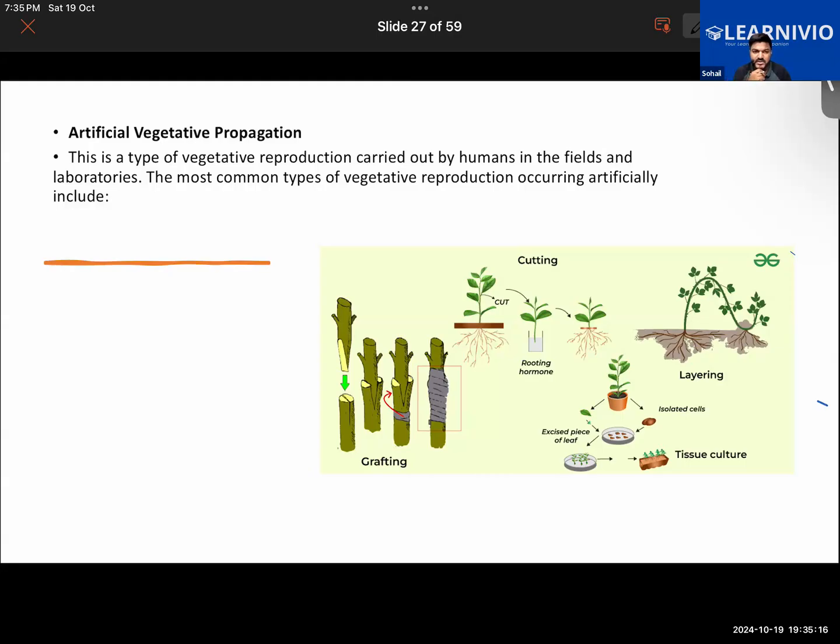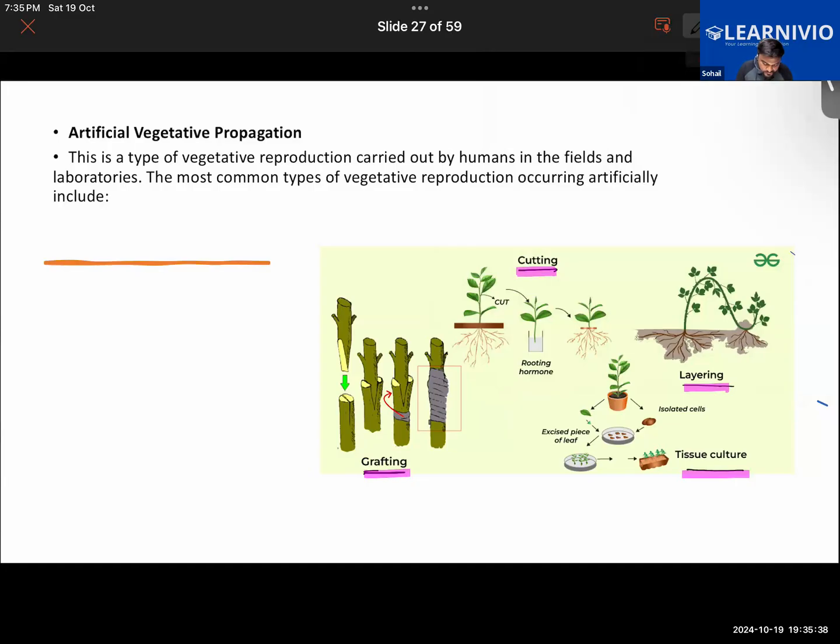Some of the most common types of vegetative propagation that is carried artificially are grafting, cutting, layering, and tissue culture. These are some of the most common artificial vegetative propagation methods that we carry.